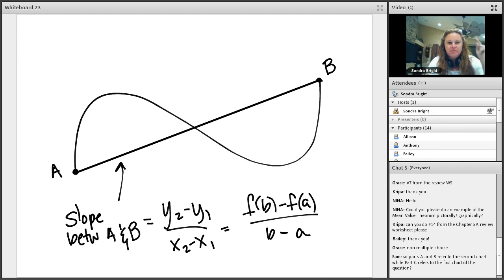Mean value theorem says that if you have a continuous function on the closed interval and a differentiable function on the open interval, which means that we don't care about these endpoints being differentiable. But if you're continuous and differentiable on this interval, then there is at least one x value that has the same slope, so that the slope is parallel.